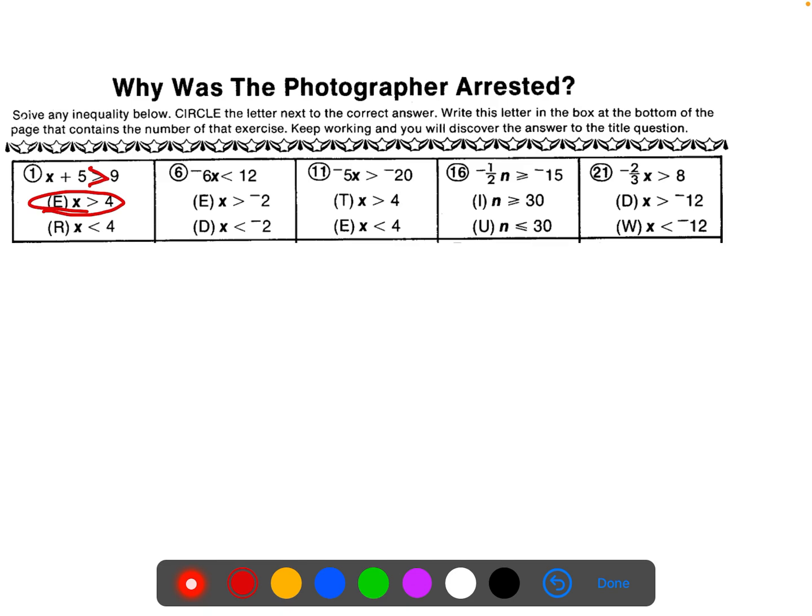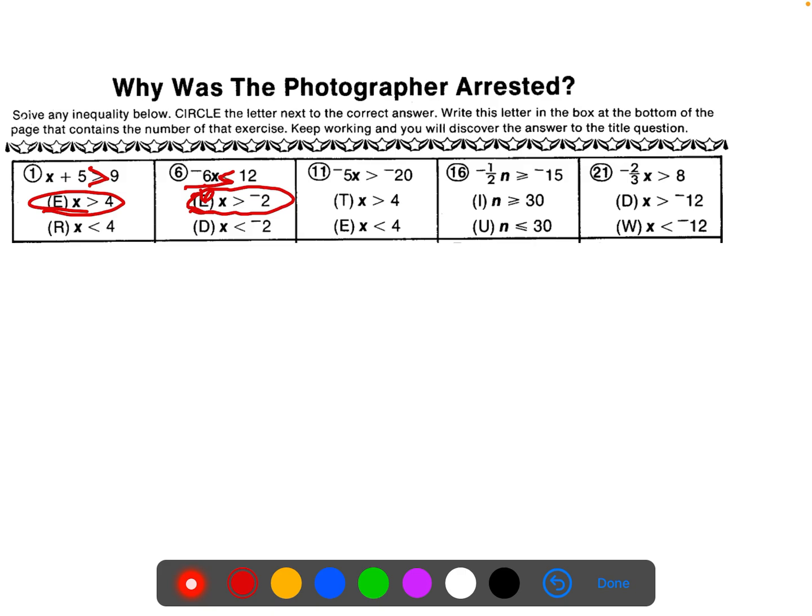But let's look at the next one. In solving this, negative 6x is less than 12. To solve it, we would have to divide both sides by negative 6. So because we're dividing by negative 6, this less than symbol reverses direction and becomes a greater than symbol.